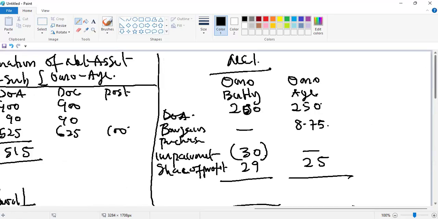I can now consolidate. 200 minus 30 plus 29, 199. 250 plus 8.75 plus 25, 283.75. That's all. I'll go to the NCI.